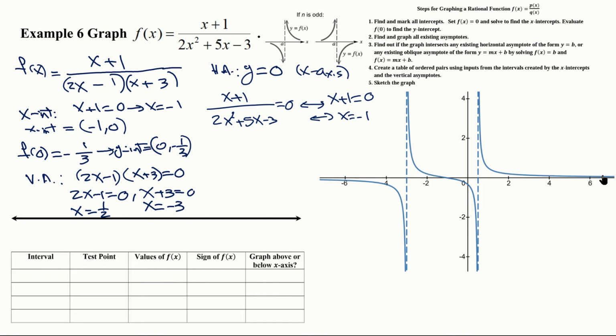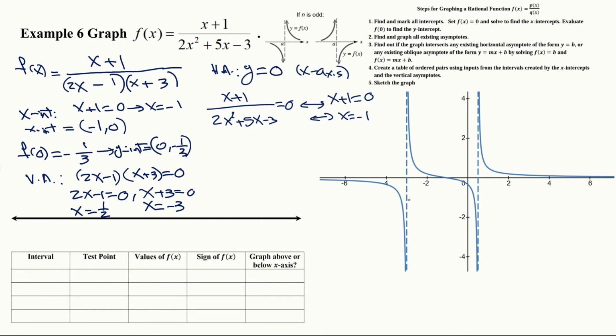All right, so let's see what the intervals of interest are, because we're going to create our table now. So the numbers of interest are where the vertical asymptotes and the x-intercepts are, right? So we have -3, right? So let's mark it.